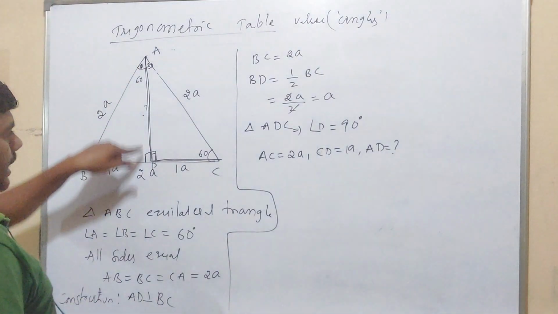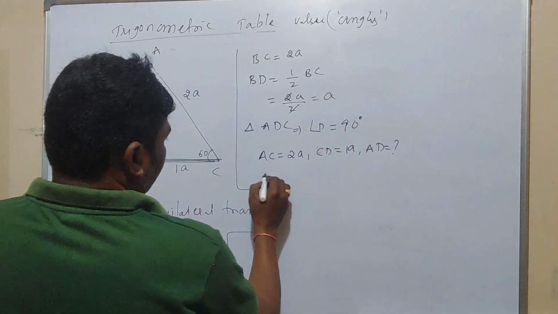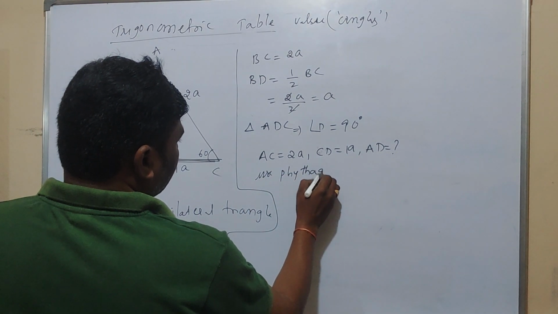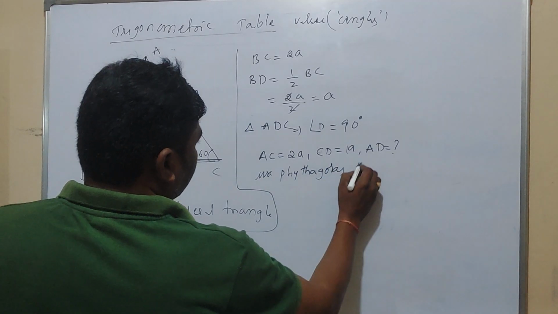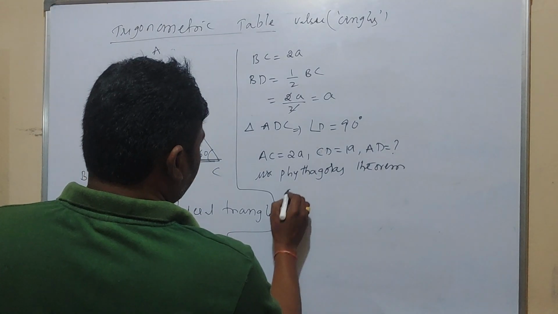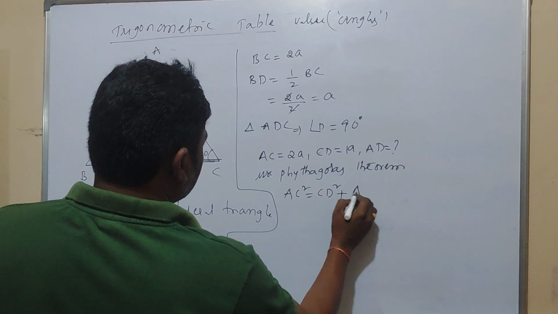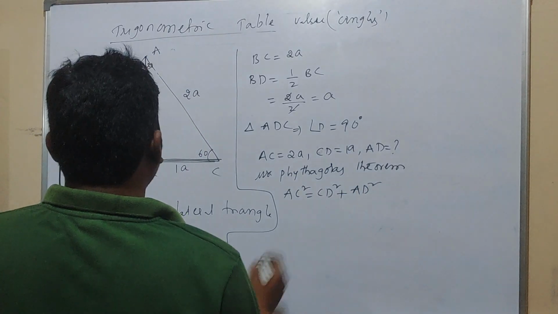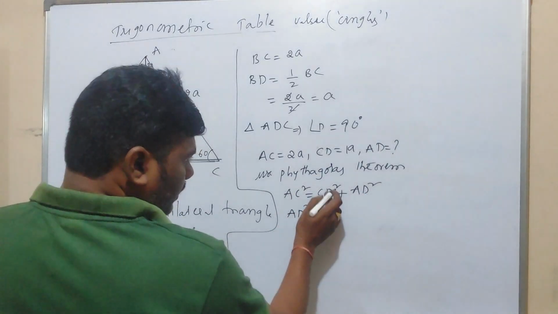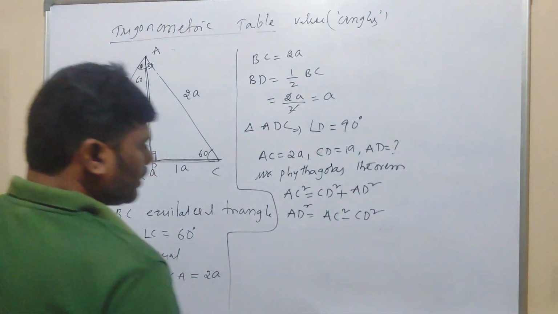How to find? This is a right angle triangle only, so use the Pythagoras theorem. AC square equals CD square plus AD square. We want AD square only, so AD square equals AC square minus CD square.